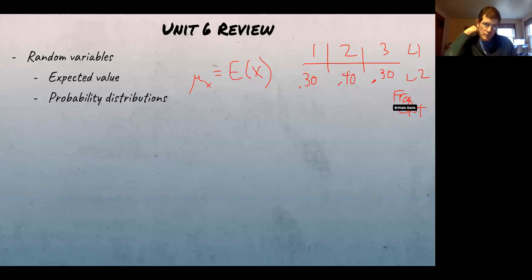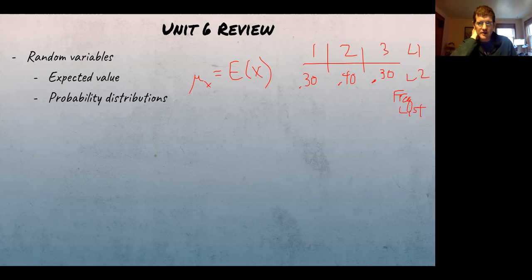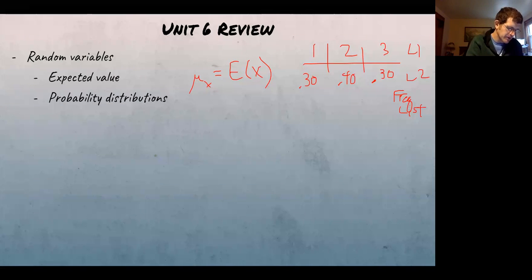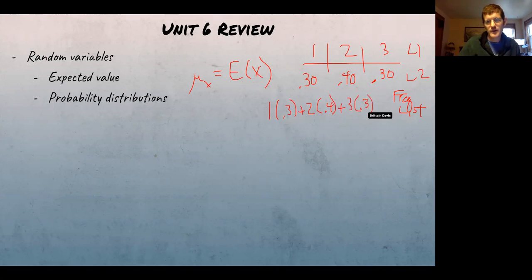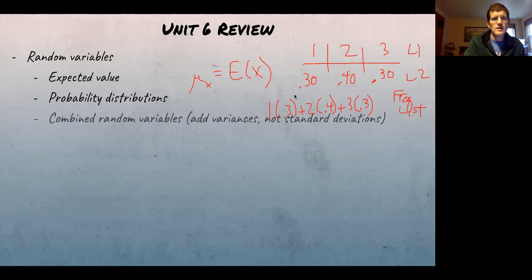So that is where that frequency comes in, only when we're dealing with probability distributions. You could do it by hand by doing 1 times 0.3 plus 2 times 0.4 plus 3 times 0.3. And in something like this, it's not that bad of a calculation. But generally speaking, lists make this a lot easier.